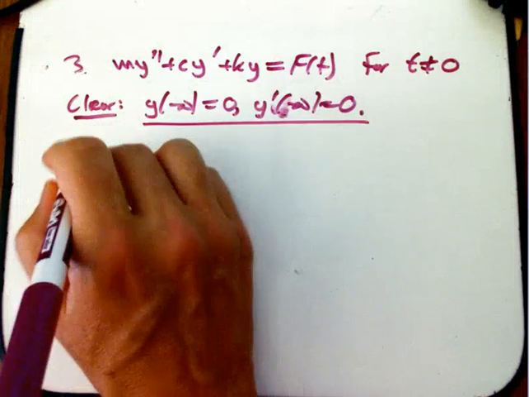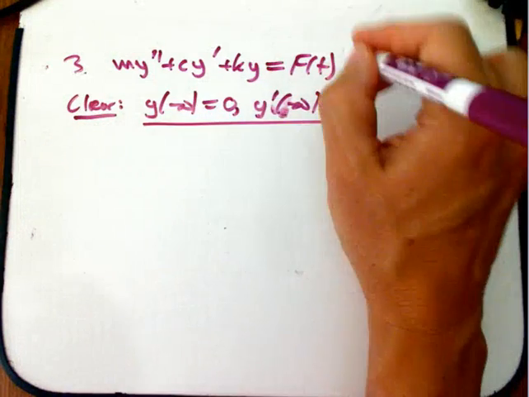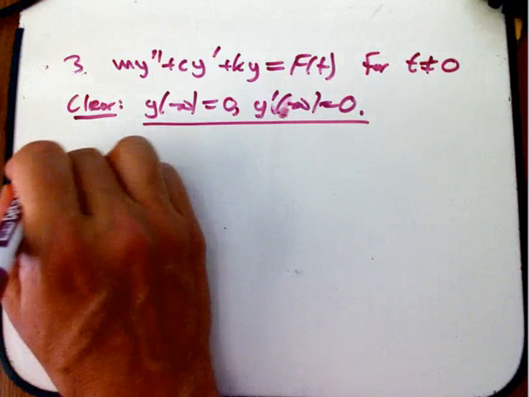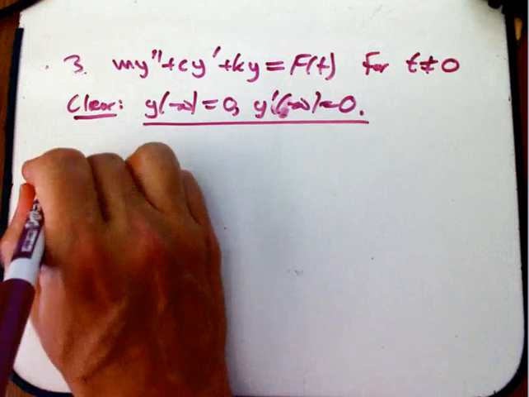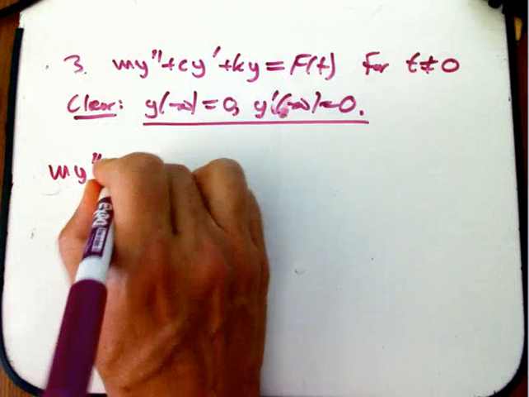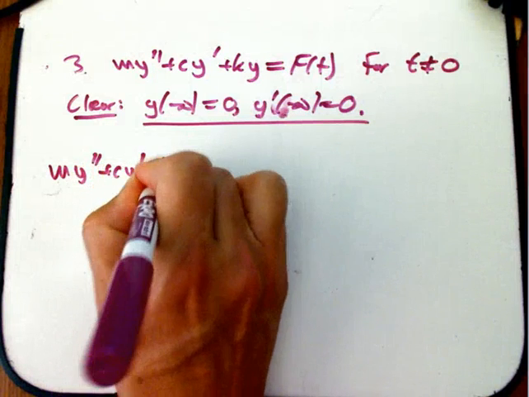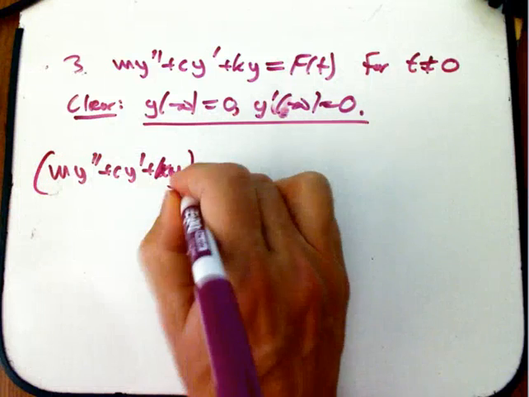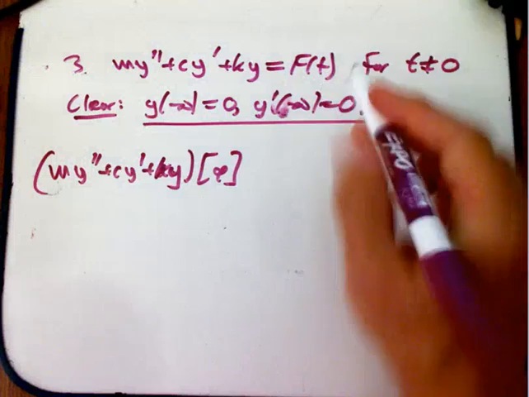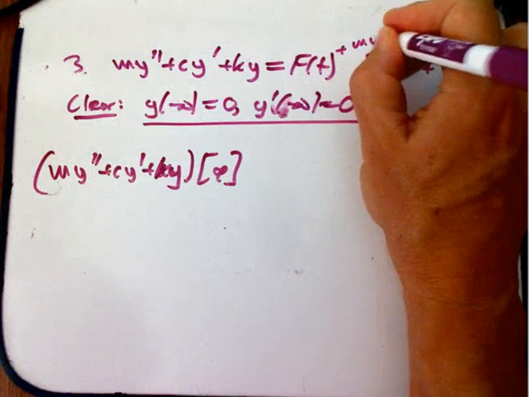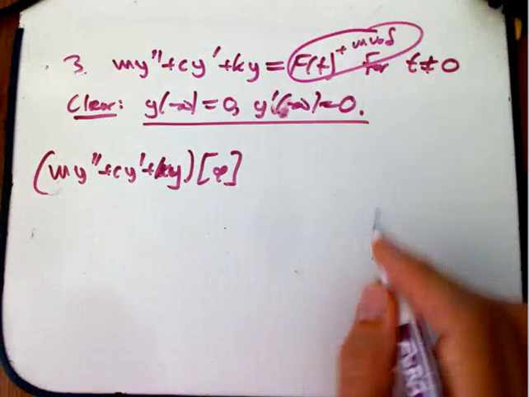So we just need to show that it satisfies this plus the m v naught delta. So we're going to take y and apply the left-hand side to a test function, and we want to see that it is this when we apply the test function.